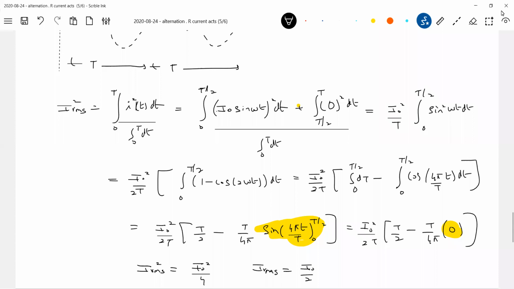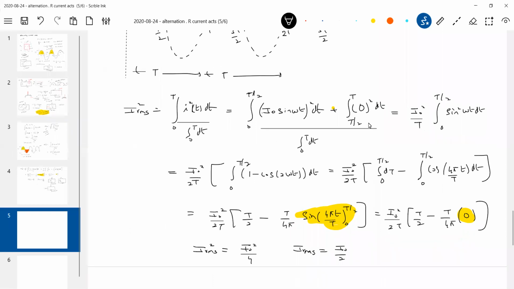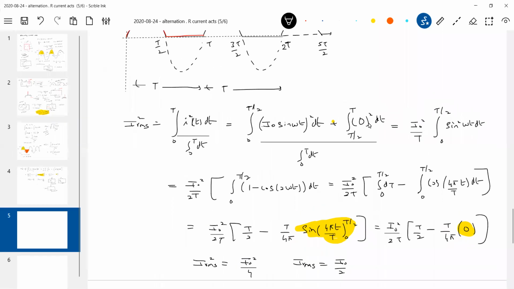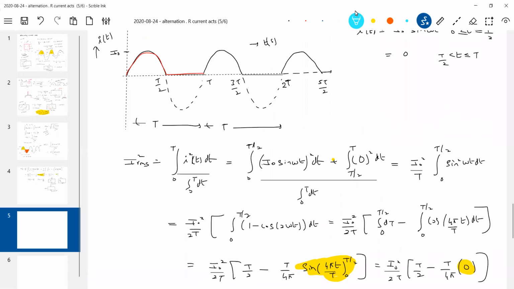Now, what do you mean by I naught by 2? It means that if you send a DC current equal to I naught by 2, it will produce the same amount of heat. I'm just drawing a line in every question; in books it is not given, because I wanted to tell very clearly that RMS is a constant current which you make to flow. Sir, are we really sending such a current?